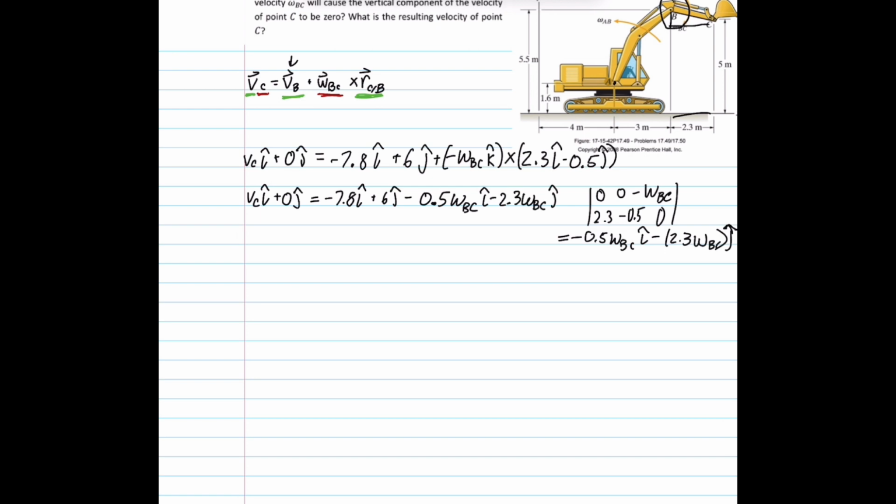And then notice how we keep the angular velocity of BC as a symbol. And then we'll equate the common components of i and j and set them equal to the i and j components on the left side to have 2 equations and 2 unknowns.